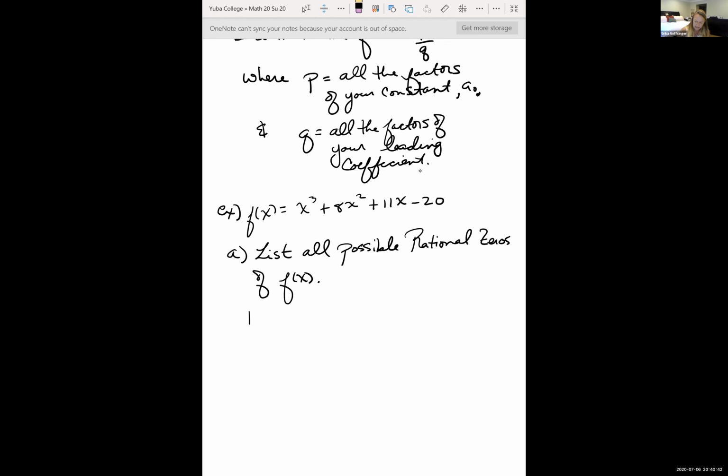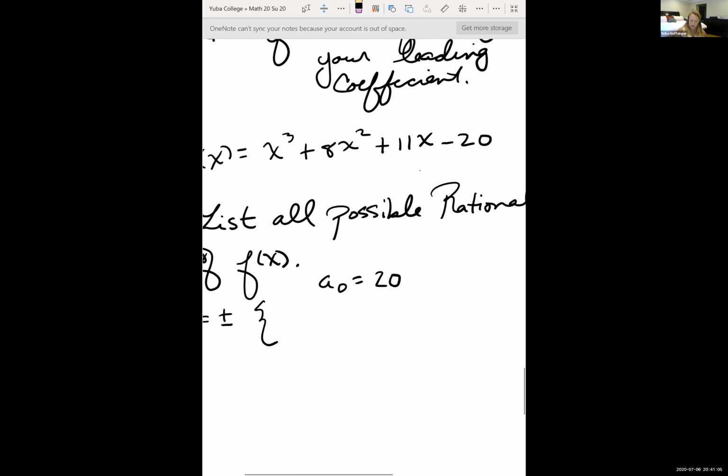Okay, so P are all the numbers that divide evenly into our constant. So our constant, a sub 0, in this case, I never carry the sign because of the plus or minus here. So numbers that go evenly into 20, and I always go from smallest to highest. So 1 is a number that always goes into another number.